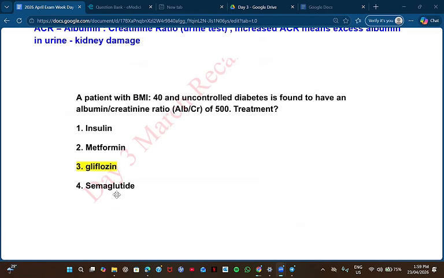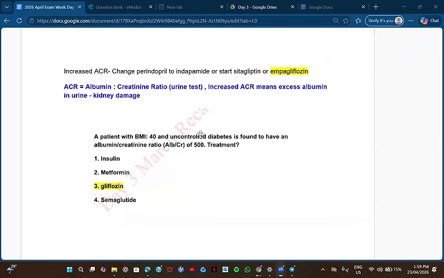But we have to find out which is better, gliflozin or semaglutide. In that case, gliflozin takes priority because of the albuminuria; it has extra protection to reduce the protein in urine. Very important, right, doctor?